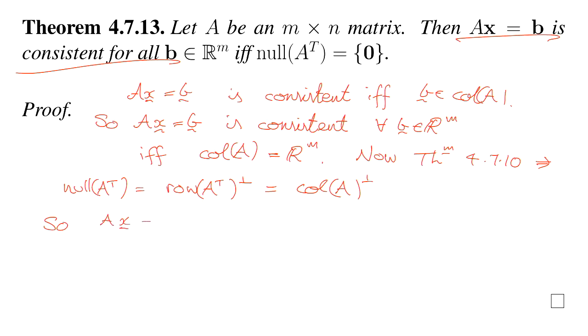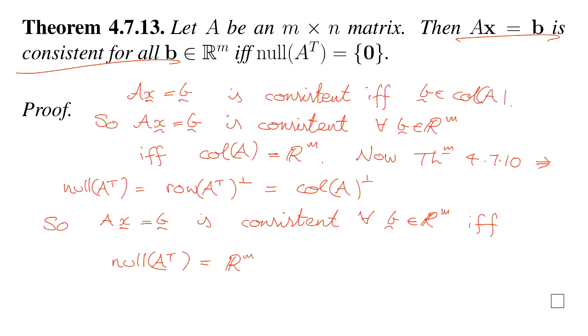So Ax equals b is consistent for all b in Rm if and only if the null space of A transpose is not Rm, but the orthogonal complement of Rm, right?